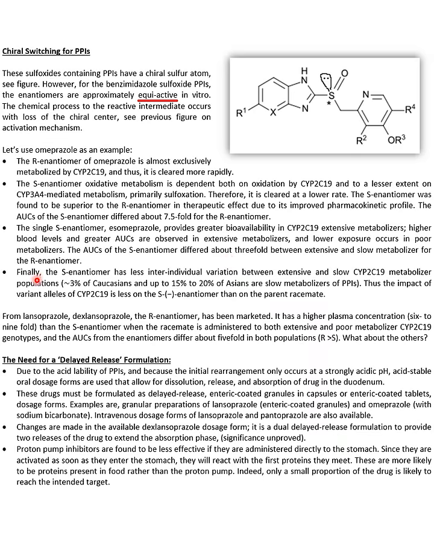So that's why the S is preferred and is used. I just want to mention that the slow metabolizer populations are about 3% of Caucasians and up to 15 to 20% in Asians. So again, by providing the S, the inter-individual variation between slow and fast metabolizers will have less impact, unlike the case with R.